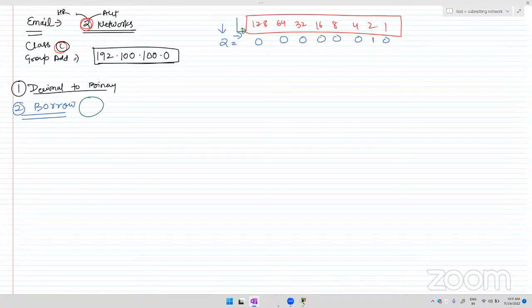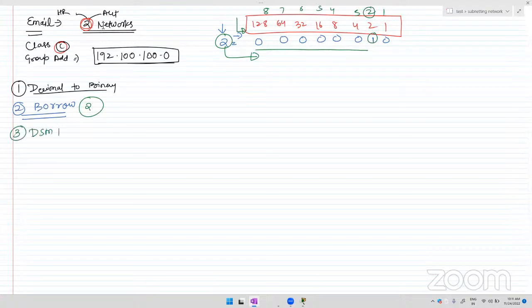This is the first position, second, third, fourth, fifth, sixth, seventh, eighth. Whenever we convert the decimal value 2 into binary, coming from this side, the first ON bit is at position number 2. So we borrow 2 bits.